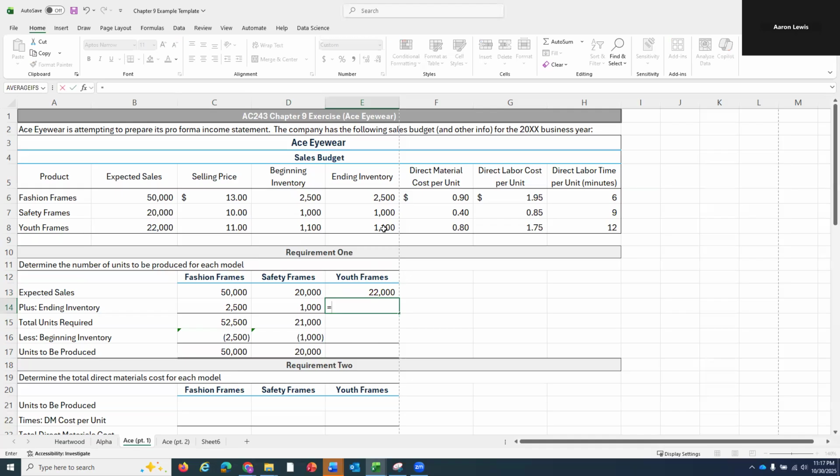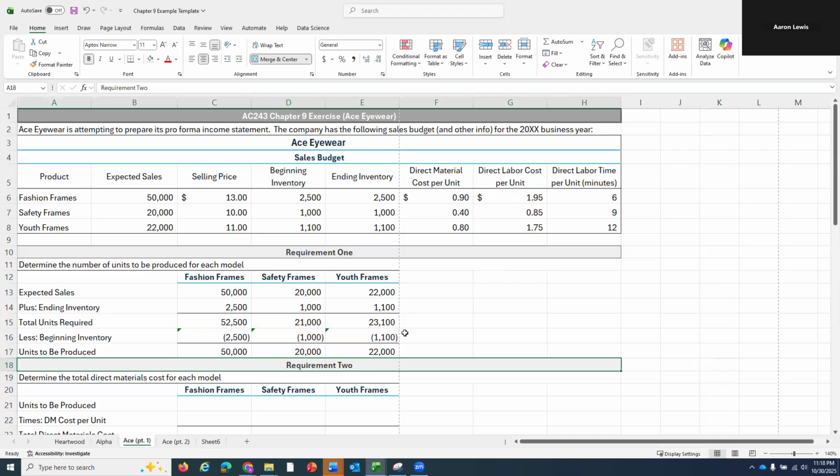Our ending inventory is going to be 1,100, which means all in all, we need to have 23,100 pairs of youth frames to meet our sales volume and have that ending inventory buffer that we so desire. We don't have to make them all because we have 1,100 of them in beginning inventory. We're very consistent with how much we start with and end with for each respective model. We're going to have to make 22,000 youth frames.